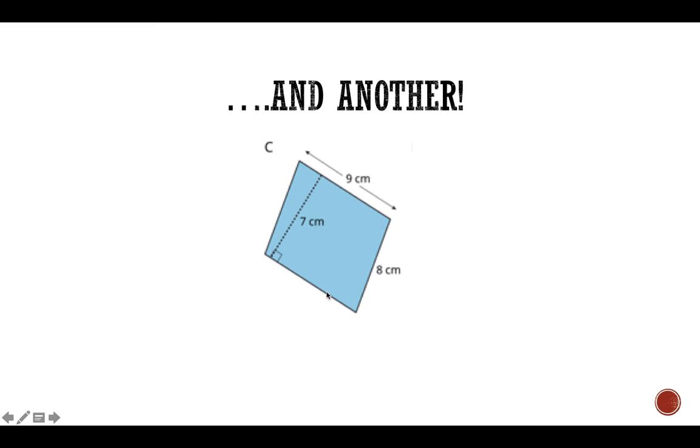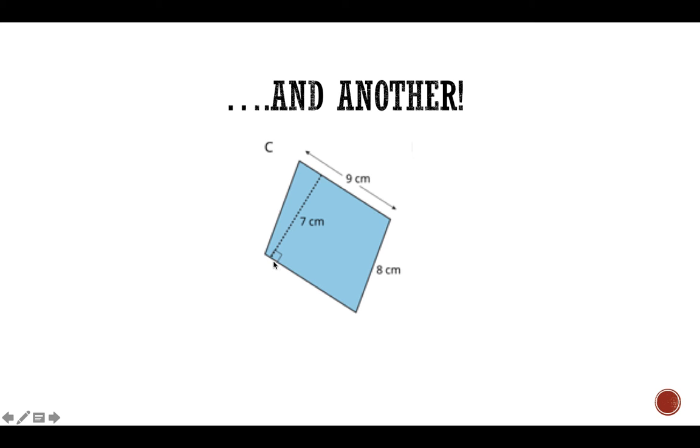However, we don't know the length of this side right here. How on earth are we going to find that out? Well, if you remember that this is a parallelogram, we know that the opposite sides of a parallelogram have the same measurement. So if this side is 9 centimeters, this side must be 9 centimeters as well.